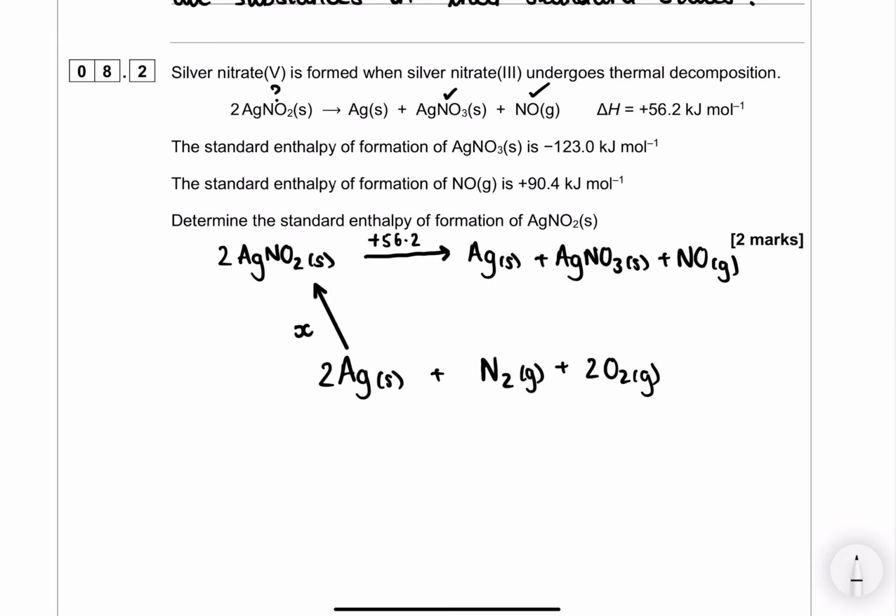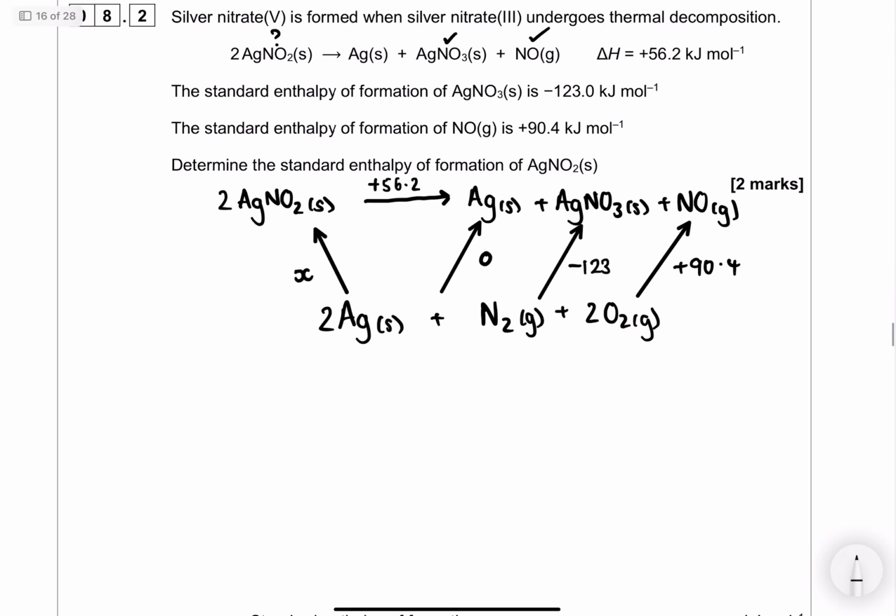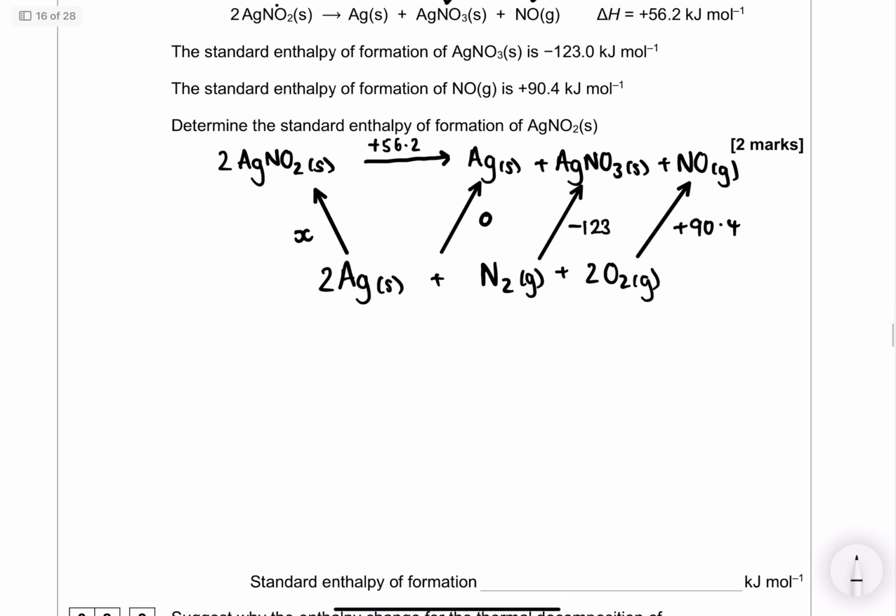So Ag to Ag is 0. So this arrow would be nothing. One of the Ags, an N, and 3 of the oxygens go up here, minus 123. And then one of the N's and one of the O's goes up here, plus 90.4. So in total, this is going to be 2x because we're forming 2 of the AgNO2s.